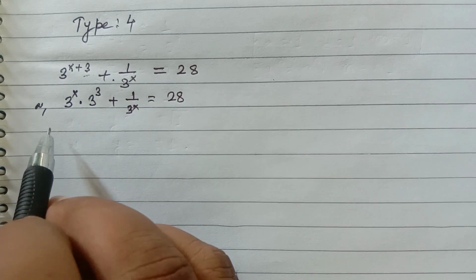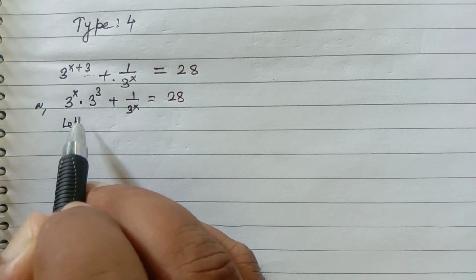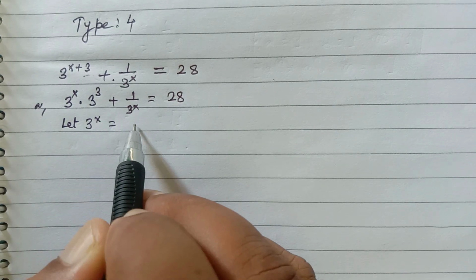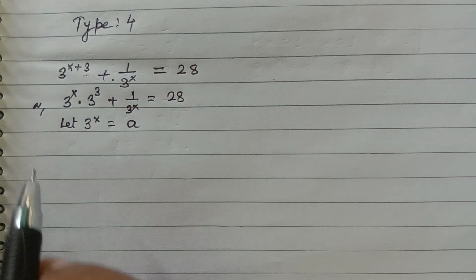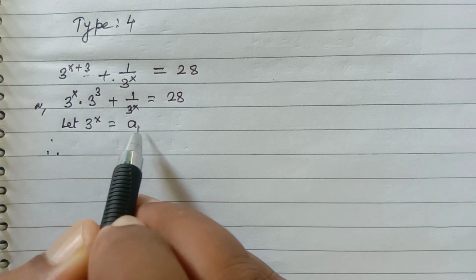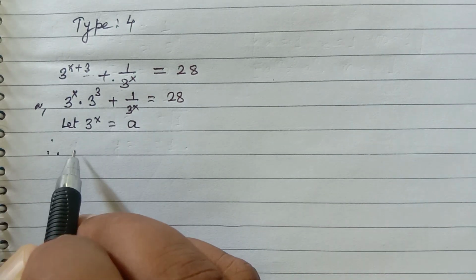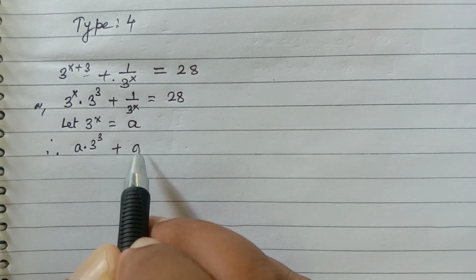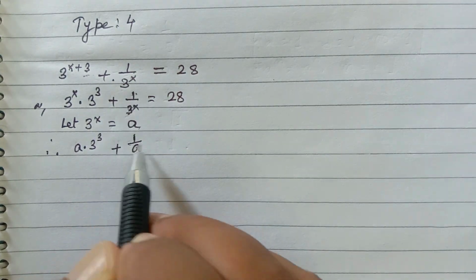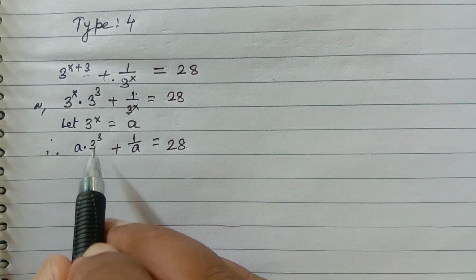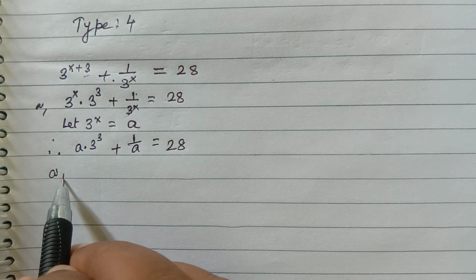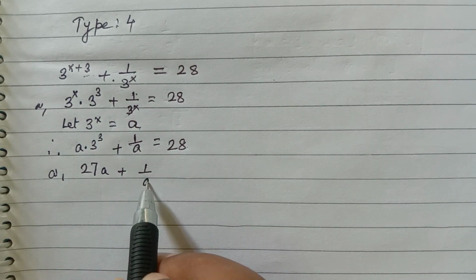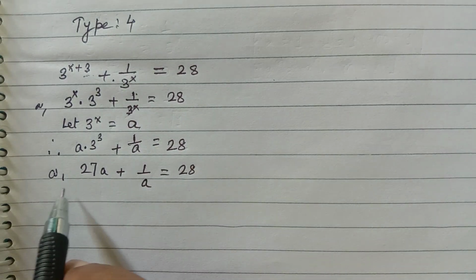In this type of equation, let 3 power x equal some variable, for example a. So for 3 power x, if I write a, then I get a times 3 cube plus 1 upon a equal to 28. 3 power 3 is 27, so 27a plus 1 by a is equal to 28.